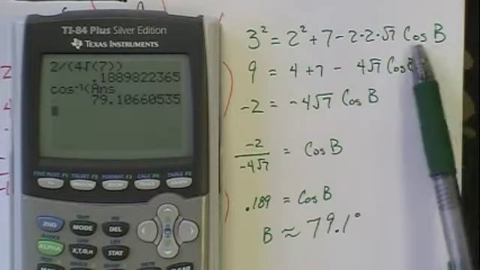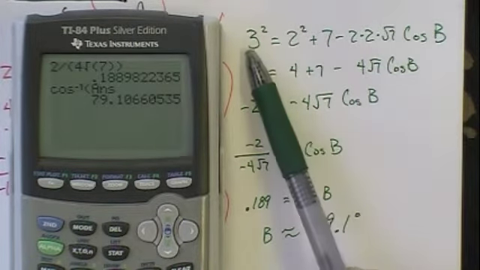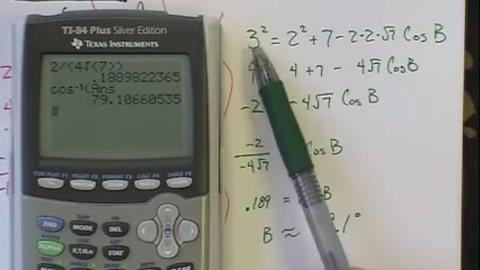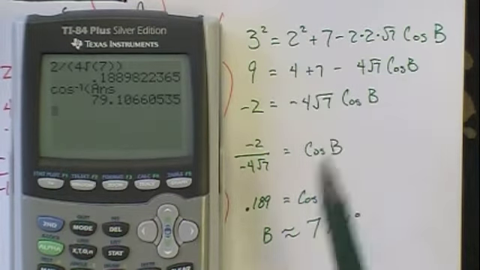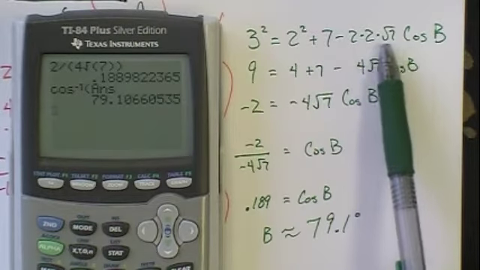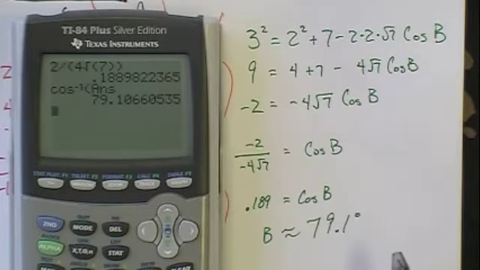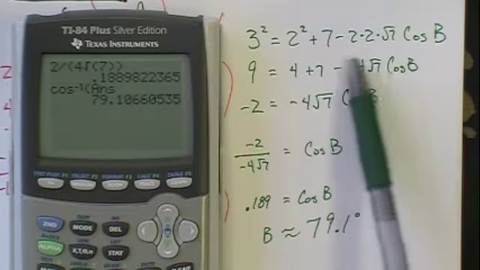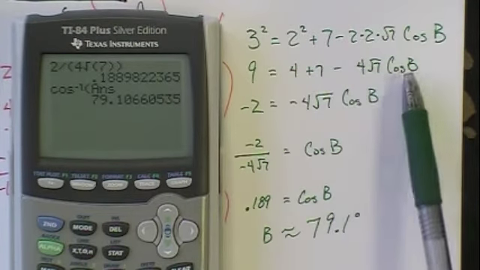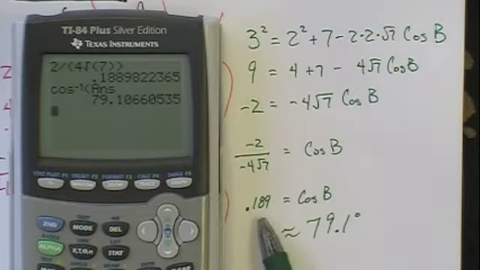If we're solving for angle B, we're taking the cosine of angle B. That means the side opposite that, 3, has to be on this side. Then we have our sides of 2 and square root of 7 in these places. As we solve, remember we can combine here and subtract that over so we get negative 2, but order of operations keeps all this together. Then we divide, get our decimal value, take the inverse cosine, and we find our angle to be 79.1 degrees.